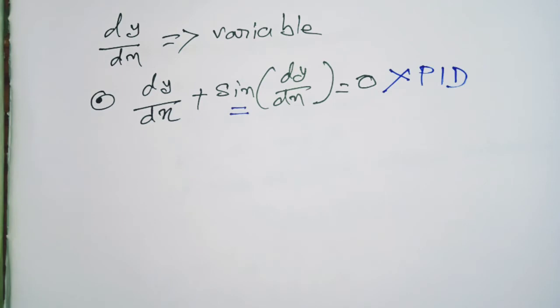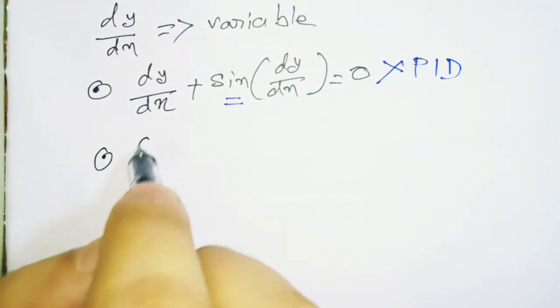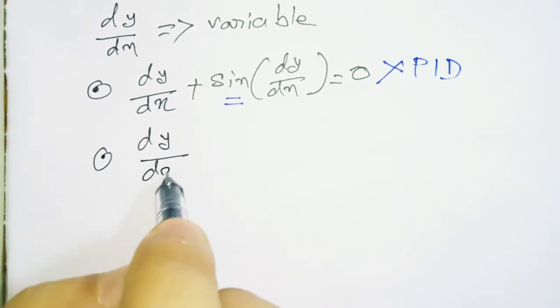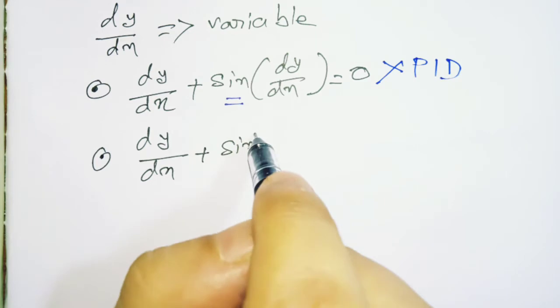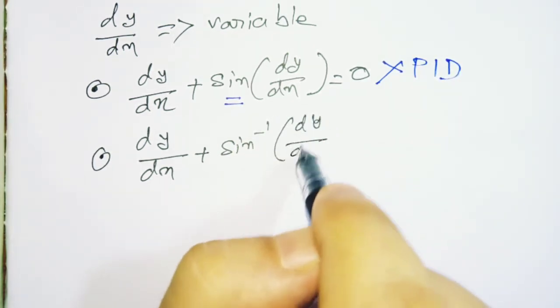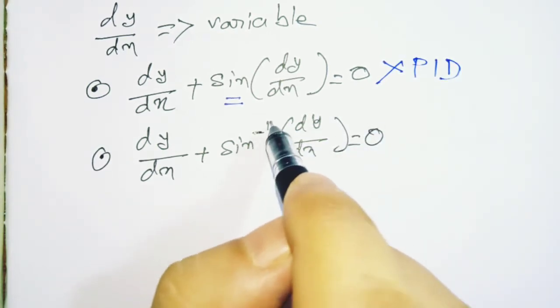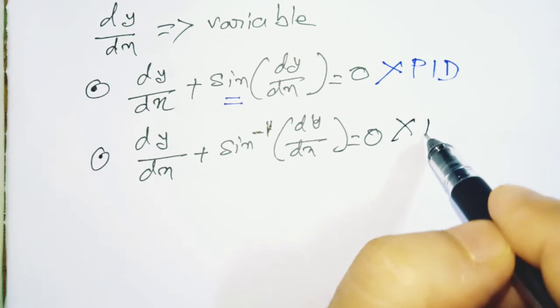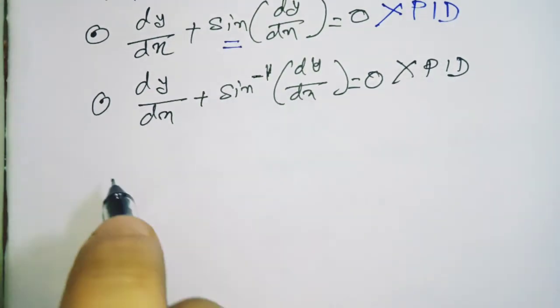Let me give you another example. The more examples we do, the easier we will find it. dy by dx plus sine inverse of dy by dx equals 0. Again we have this sine inverse, so it is not a polynomial in derivative. It cannot have a sine.